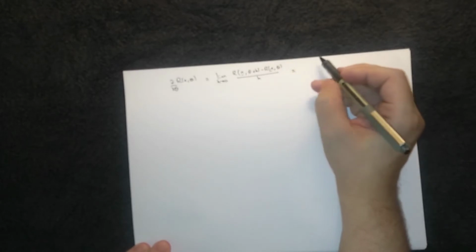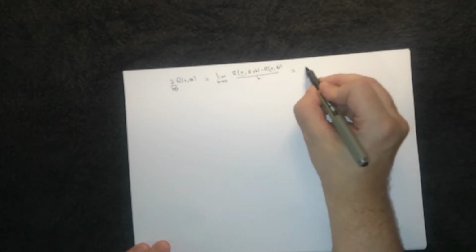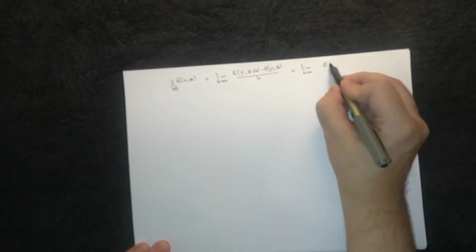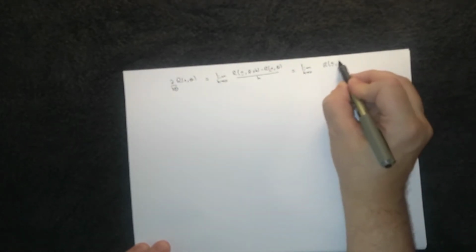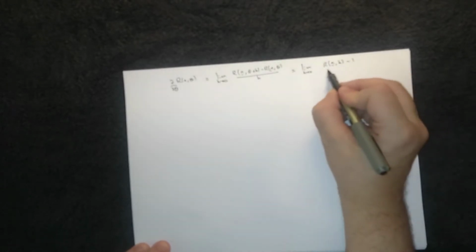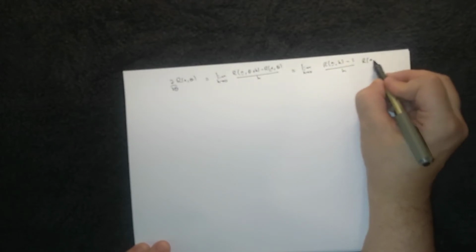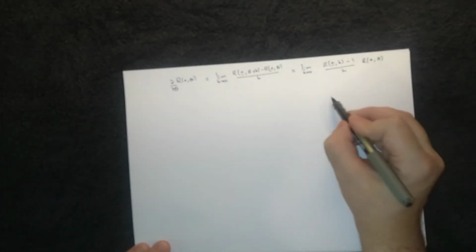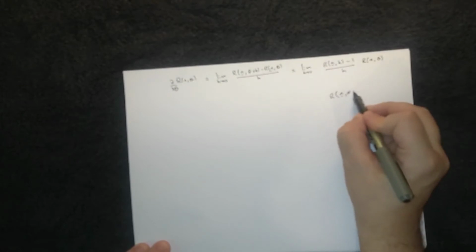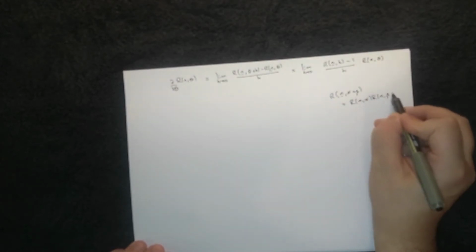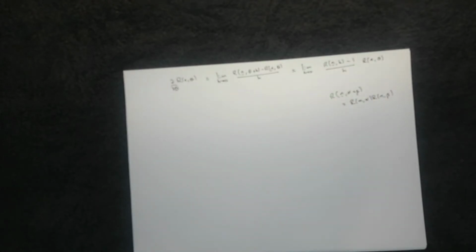Property of rotations about a common axis is that that's going to be given by the limit h goes to 0 of the rotation n h minus 1 over h times r n theta, because rotation by combined angle alpha plus beta is just you do a rotation by angle beta and then you do a rotation by angle alpha, and that's equivalent to rotating by angle alpha plus beta.